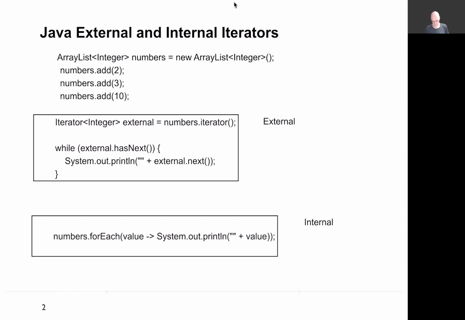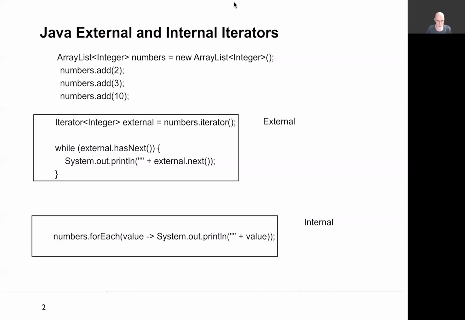Now, an internal iterator in Java is the for each. And I pass in a lambda, which is then evaluated in all the elements of the collection. So the external one is called external in part because outside the collection is who controls the iteration, right?